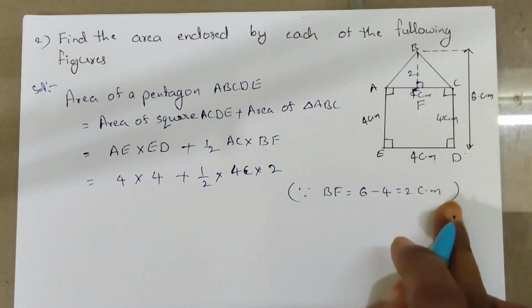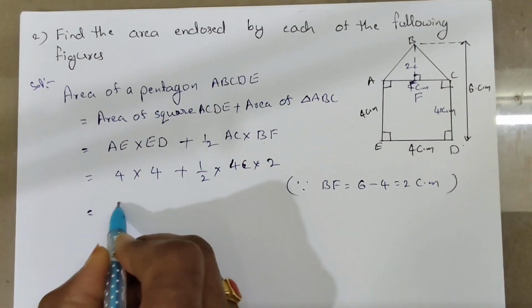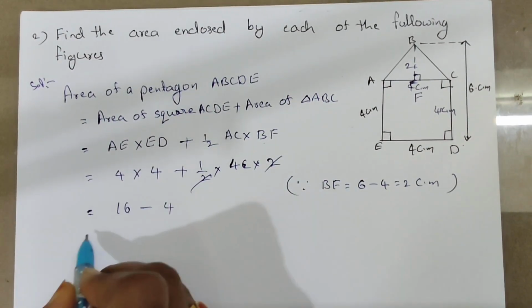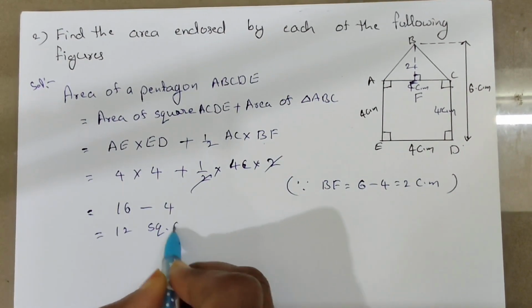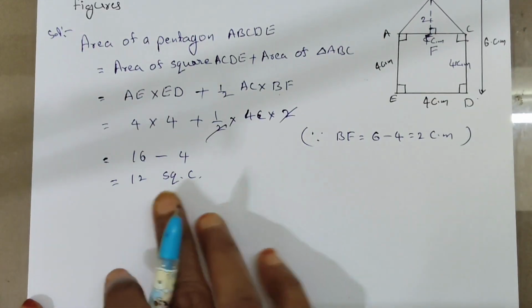So 4 into 4 is 16, plus 1 by 2 into 4 into 2, where the 2s cancel, gives 4. Here 12 square centimeters is the area. So this is the answer to the second one.